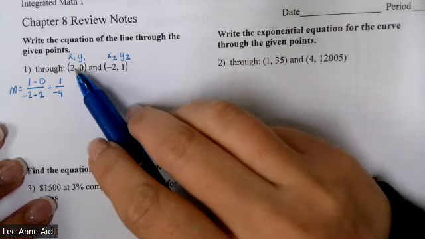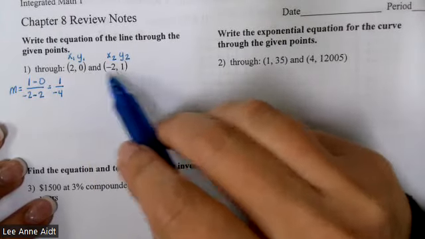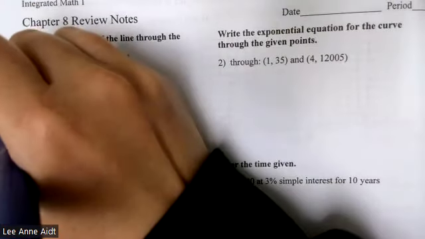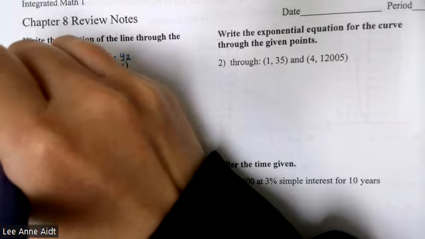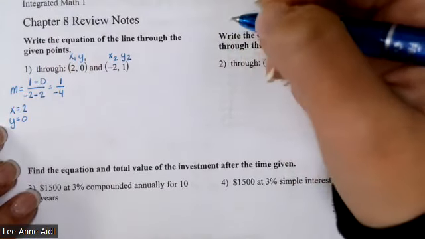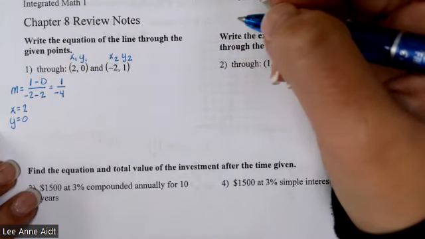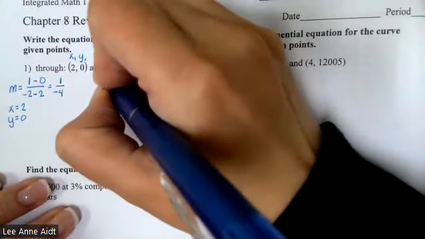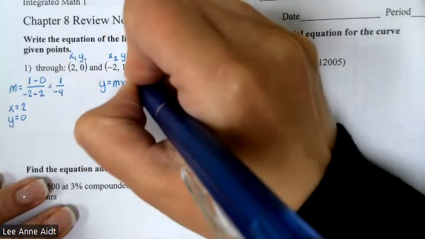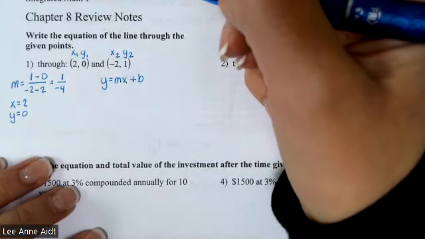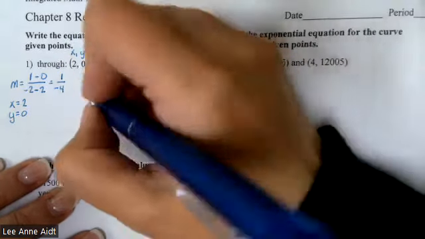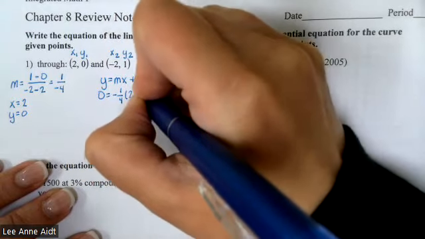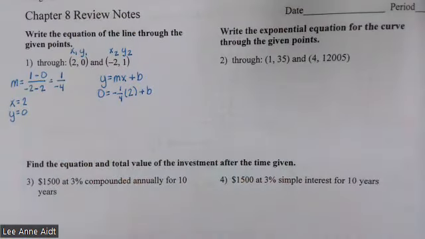Okay, now to remind you, you can pick either of the 2 points. Just pick the one that's easier. I'm going to pick this one. So x equals 2, y equals 0. Y equals mx plus b. 0 equals -1/4 times 2 plus b.